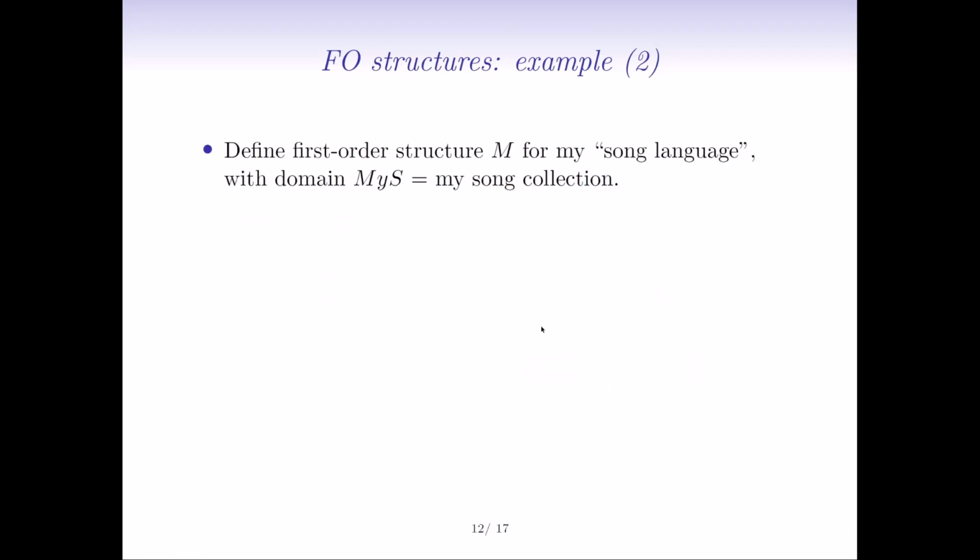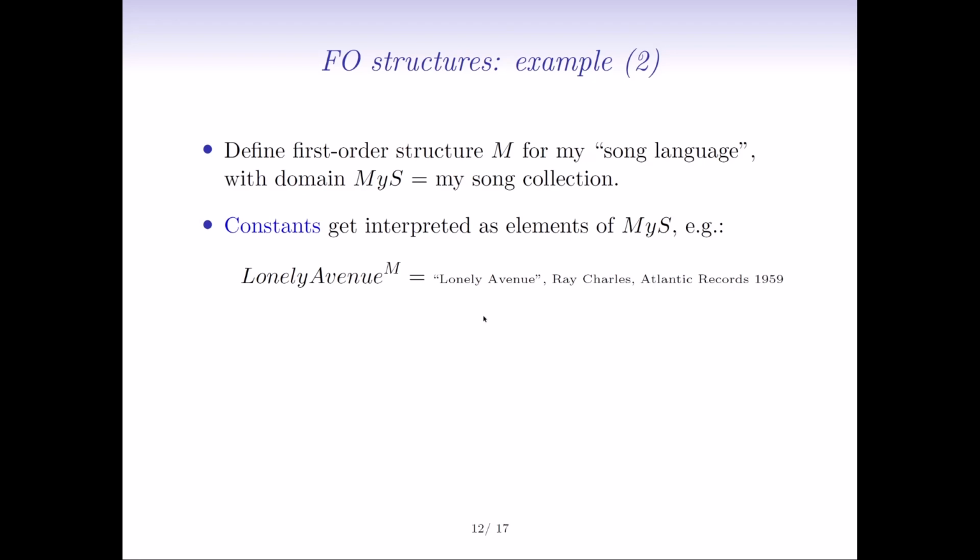So we're going to define a first order structure, and remember that the first thing we have to do is specify the domain of the structure, or the universe in which we'll interpret everything. So I'm going to write S for my actual song collection that I have at home. And then, of course, the functions and predicates are all going to get interpreted as functions and predicates on my actual song collection. So constants, for example, are going to get interpreted as elements of my S.